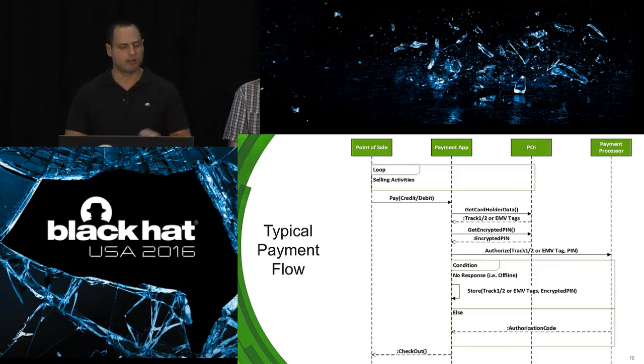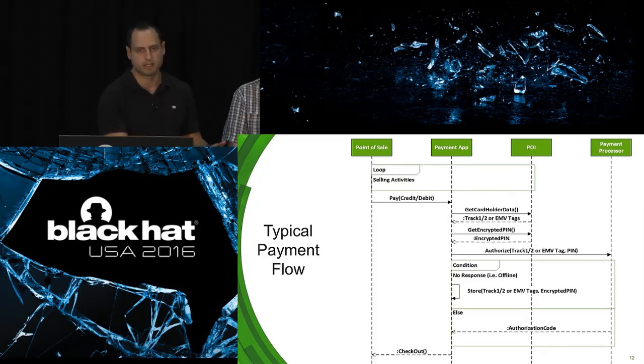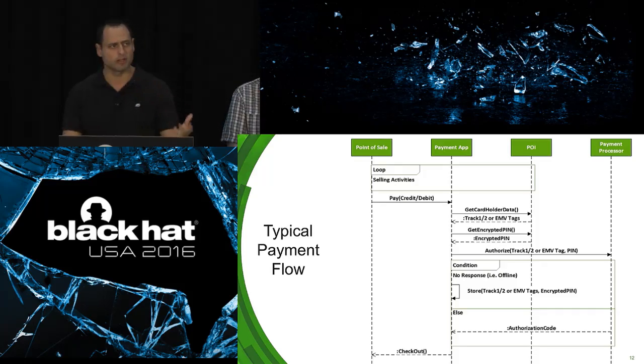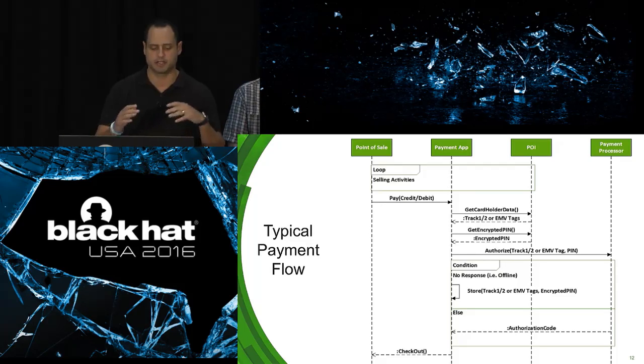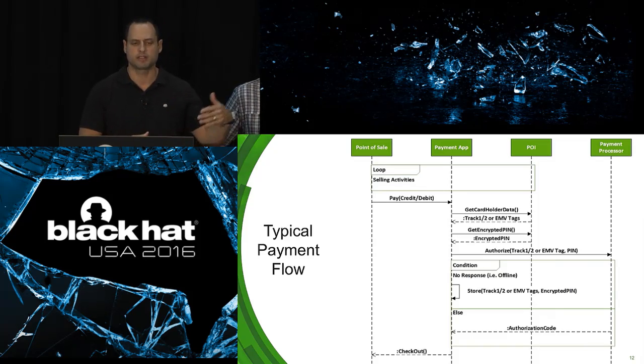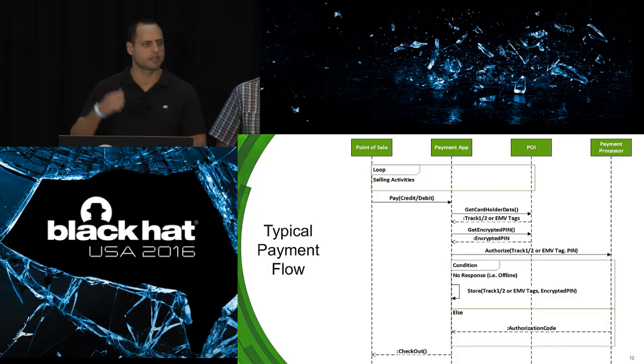The components that we have are the point of sale, the payment application, the point of interaction, which is essentially the pinpad that we brought here, and the payment processor. The regular flow works as selling activities, which means that you add some items to your cart, and eventually you decide to pay.